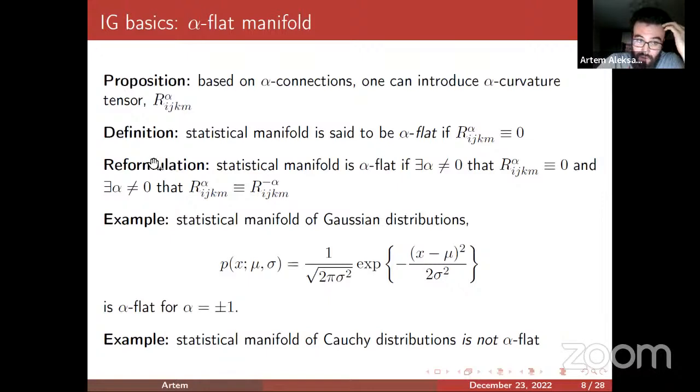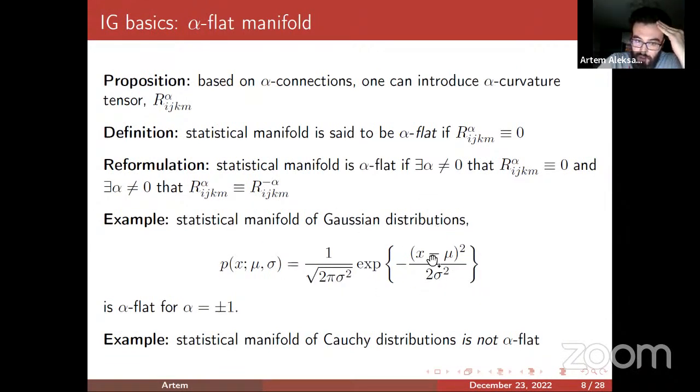I can reformulate this definition in the following way: if there is an alpha, not equal to zero, for which the alpha curvature tensor is identically zero, then my statistical manifold is alpha flat.